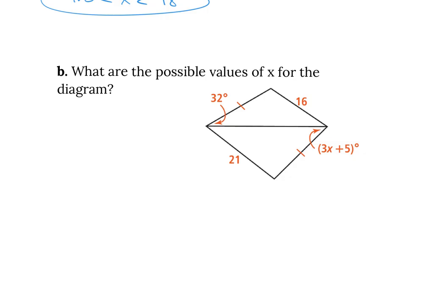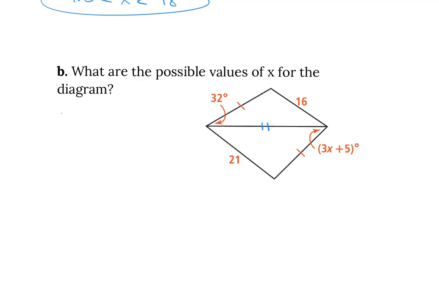B, what are the possible values of x? Okay, so I know that these two sides are congruent through the reflexive property. Okay, so because our x is opposite the larger of the two sides, I don't need to find a smaller option.